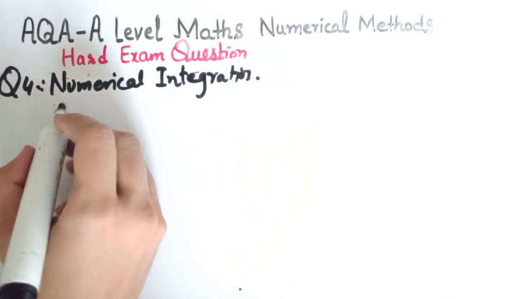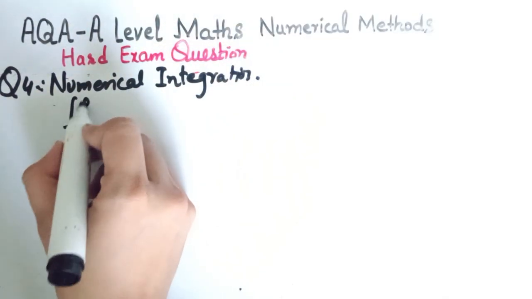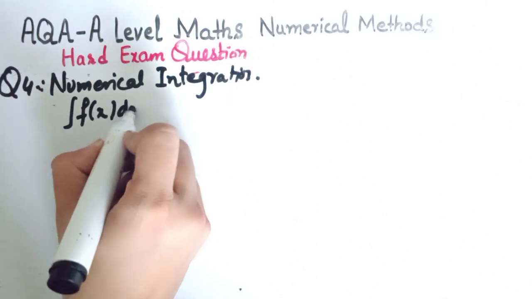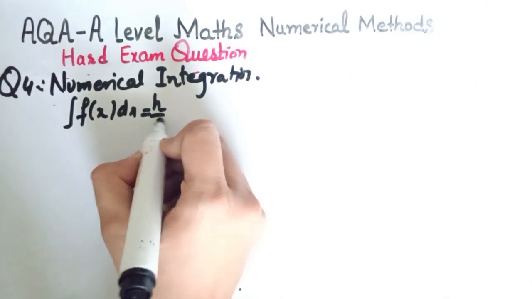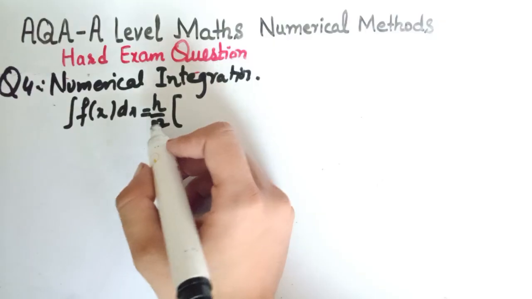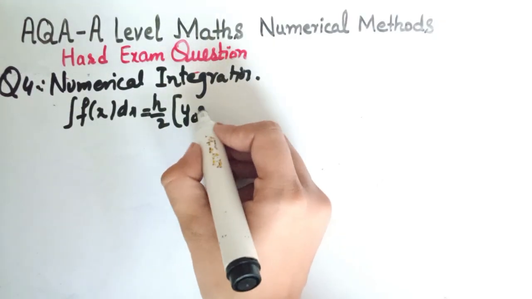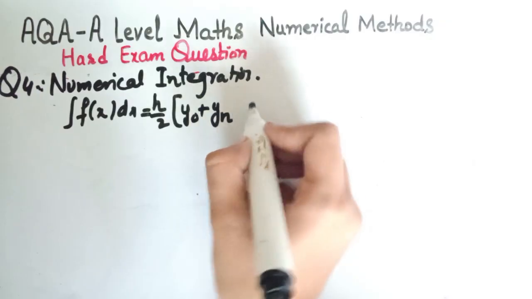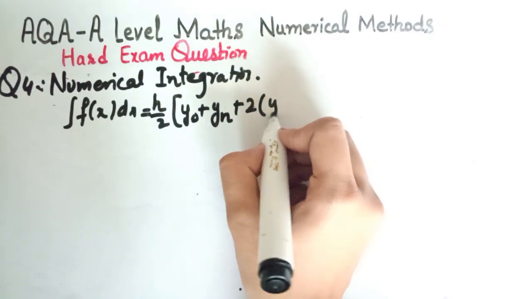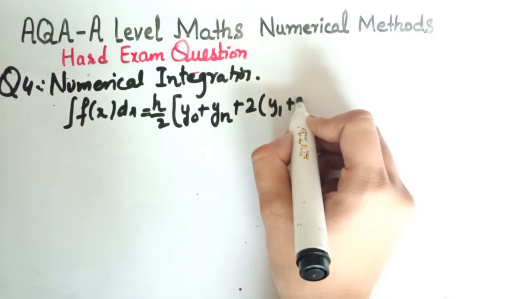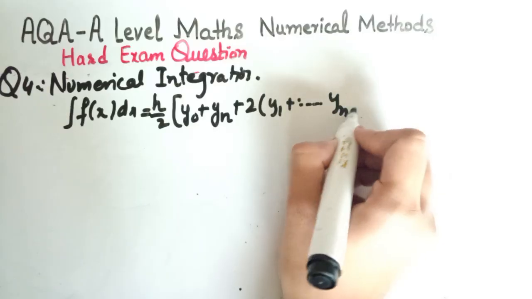How to apply this? First of all, write its formula. The integral of f of x dx equals h by 2, where h is the interval size, times y0 plus yn plus 2 times y1 plus so on up to y of n minus 1.